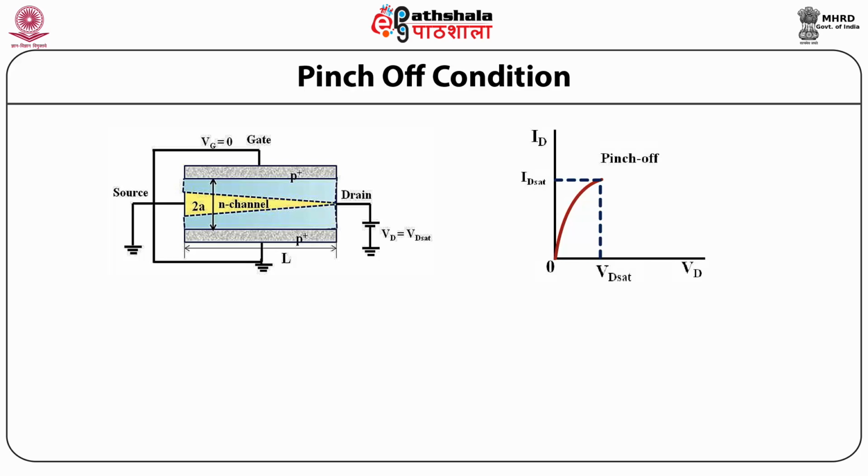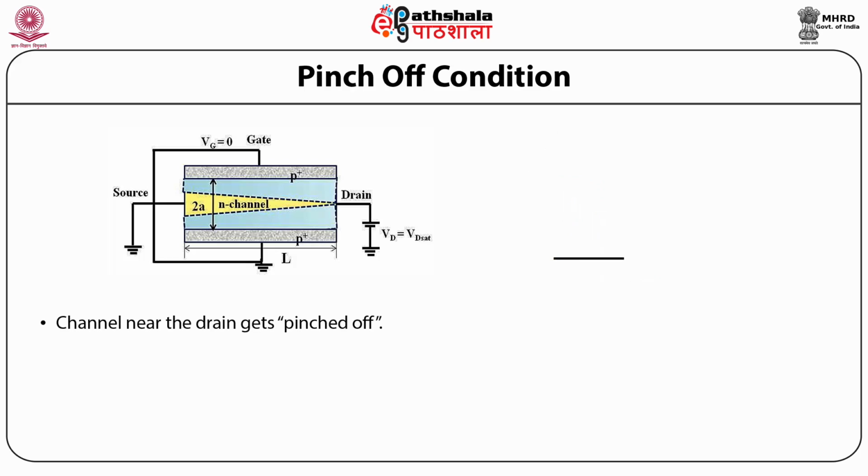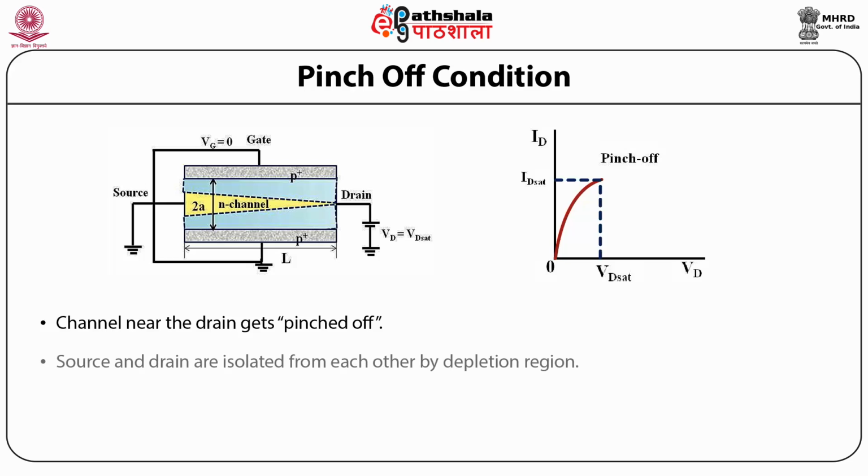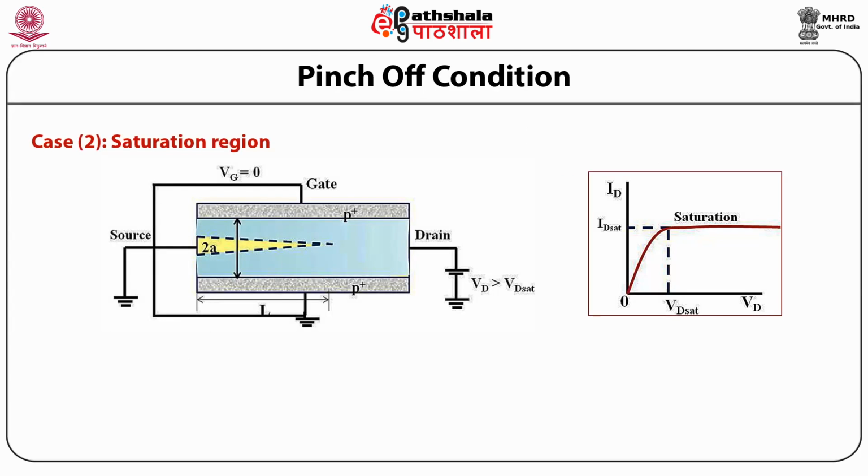So in this case, the channel near the drain, as shown in this figure, gets pinched off. That is, the source and the drain are isolated from each other by depletion. And the values of the voltage and current at this point are denoted by Vp and Ip. Let us now discuss case 2, that is the saturation region.